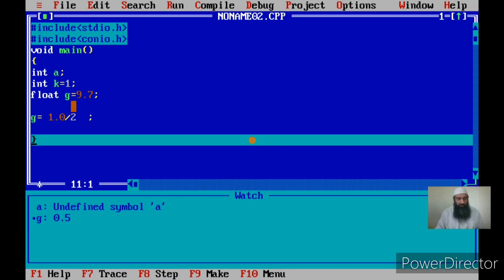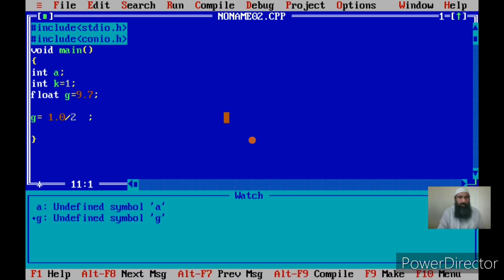Now, so far as we have discussed these arithmetic expressions, it should be clear to you that the C compiler has a predefined order in which it performs the operations. This predefined order is determined by the precedence table, and it can be broken with the help of braces only. The operator with the highest precedence is performed first.